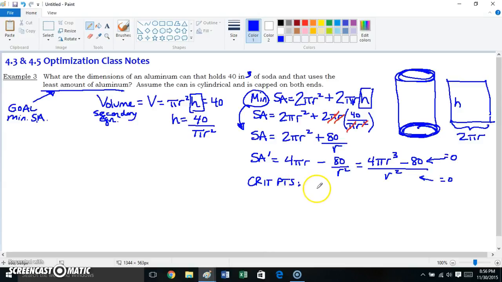So critical points happen when r is equal to 0. Also when 4 pi r cubed minus 80 is equal to 0. That means r cubed is equal to 80 divided by 4 pi, or 20 over pi. Okay, I'm just double checking.